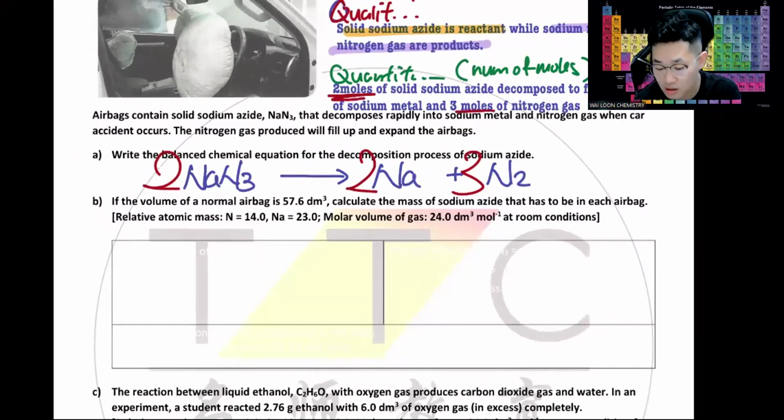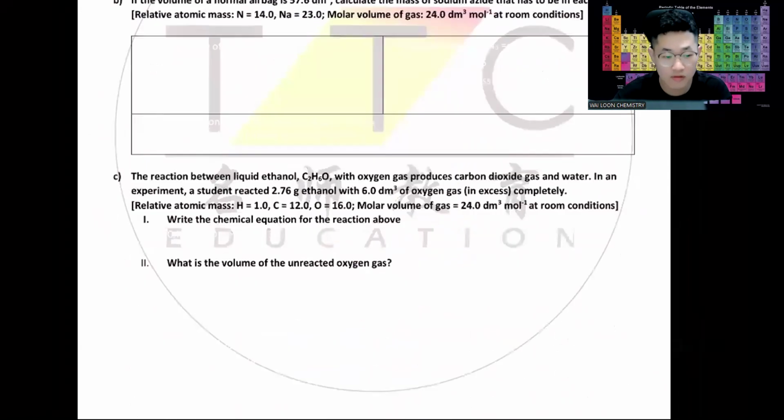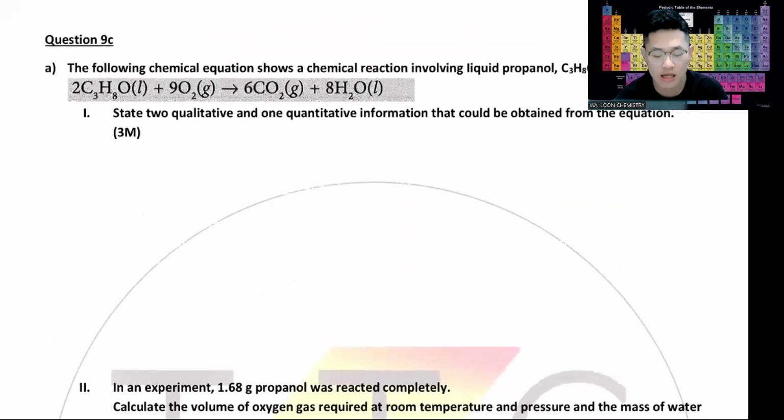Very important. Quantitative, done. There's a very similar question on the next page, you see. Like here they say, state two qualitative and quantitative information. So you just tell them the reactant and product, and then you make a sentence by telling them all the numbers.